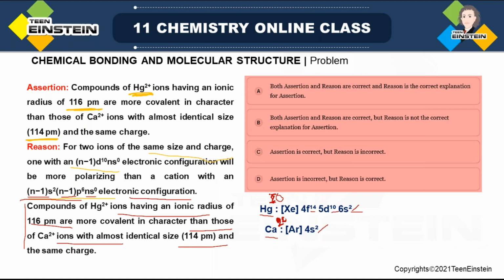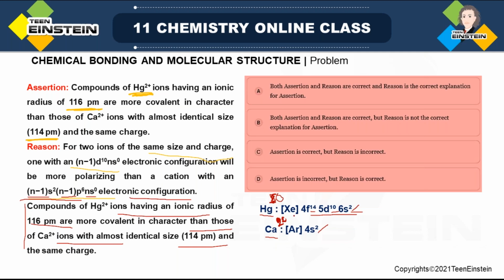In this way, if you already know that Hg is a transition element and has this type of configuration, that is fine. But if you only know the atomic number of Hg, then you can first write the electronic configuration.